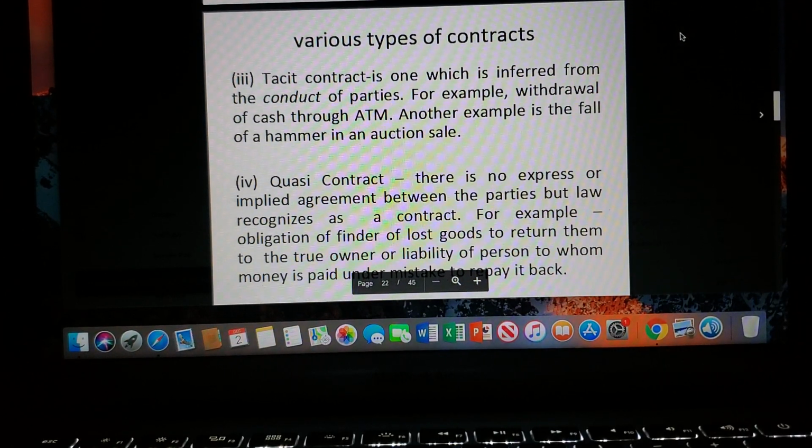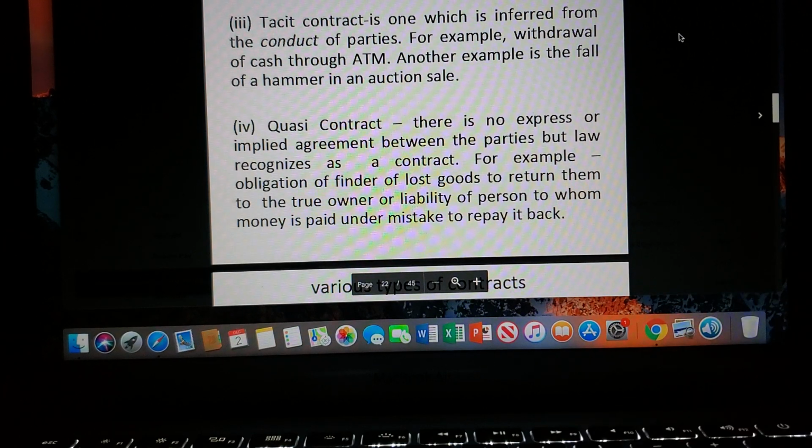Third, tacit contract. Tacit contract is one which is inferred from the conduct of parties. For example, withdrawal of cash through ATM. Another example is the fall of a hammer in an auction sale. This is tacit contract, TACIT.